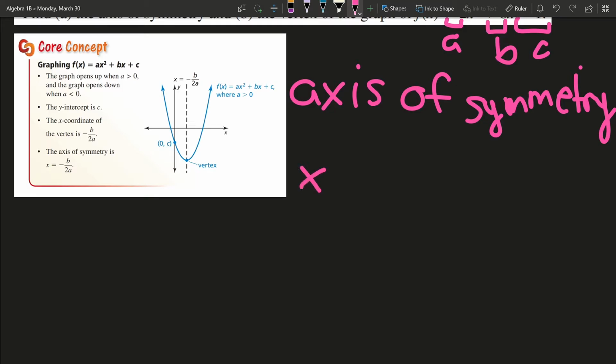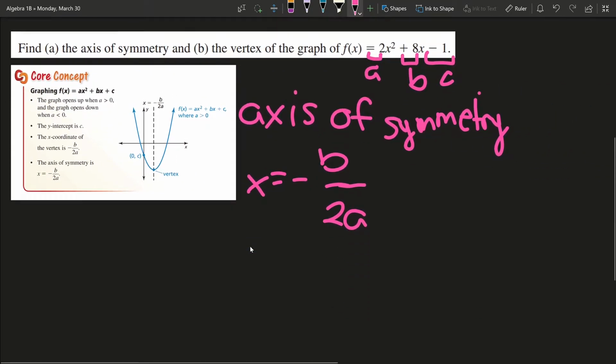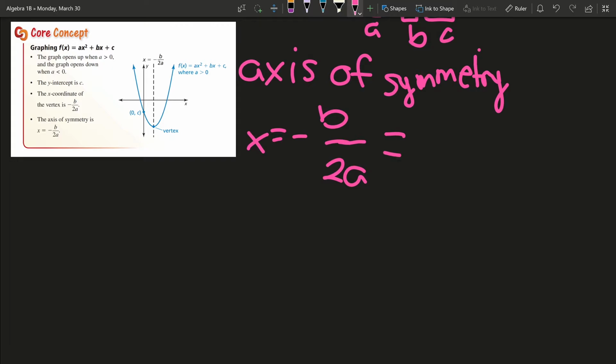The axis of symmetry is -b over 2a. Our b is not negative, just 8, and our 2 times a, where our a is 2 again.